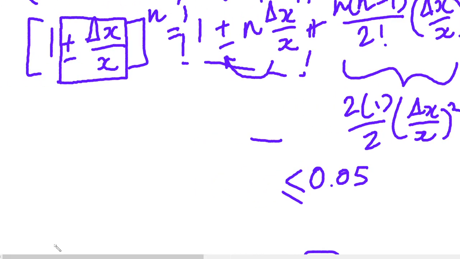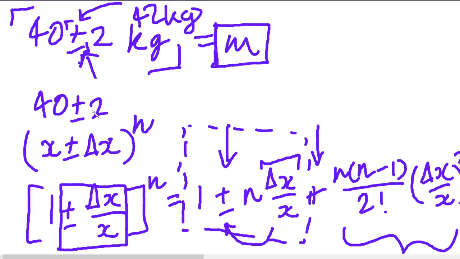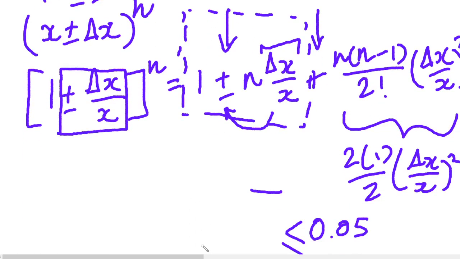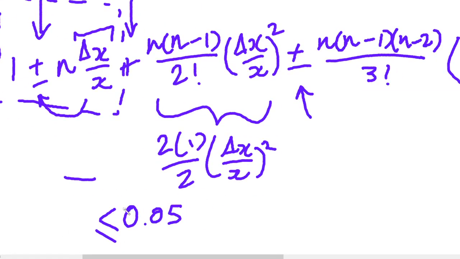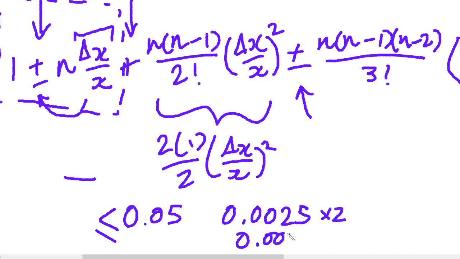And that's actually the example value we're using here, 40 plus or minus 2 kilograms, with a terrible weighing scale. The fractional uncertainty is still less than 0.05. So 0.05 squared, a small decimal squared, will make a really small number. In fact, in this case, it goes to 0.0025 multiplied by 2, or 0.005.